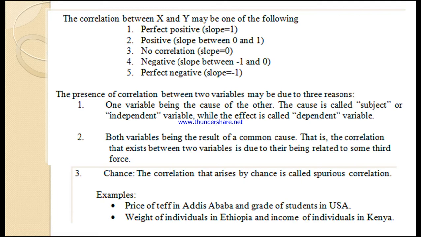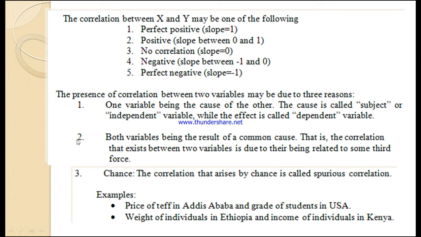The variable that is the cause of the other is known as the independent variable, and the effect is called the dependent variable.